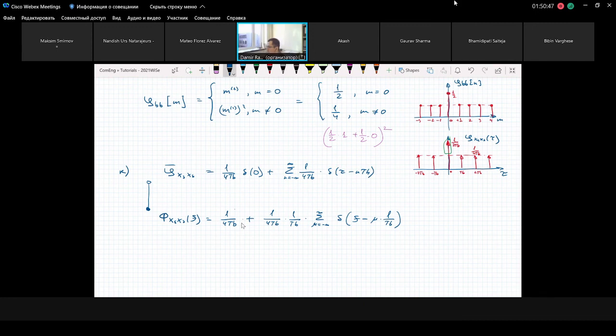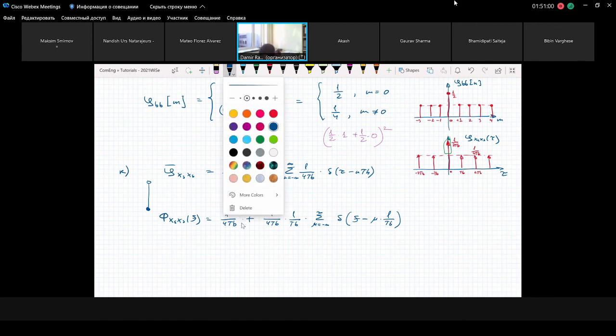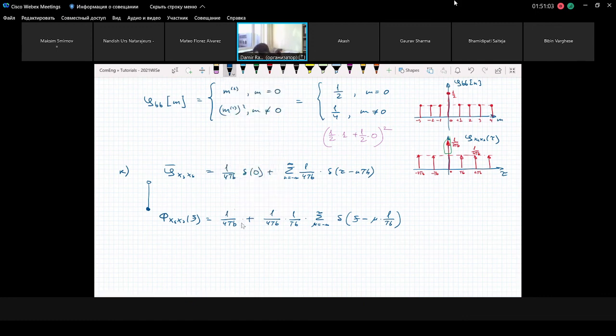Okay, Akash is asking about the magnitude of the component at 0. No, at 0 we don't have 1/4 TB. Why? Because we also split this part. We have a component at 0 from two parts. Look, we have a sequence of delta pulses defined by a summation, and mu equals 0 is also part of it.